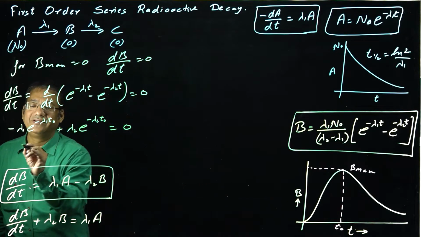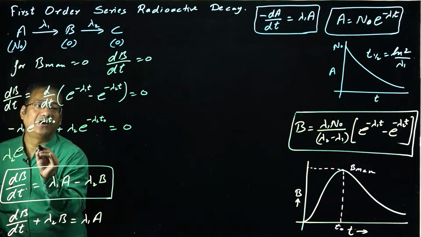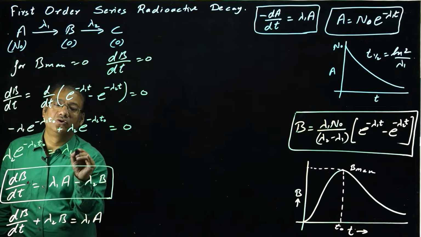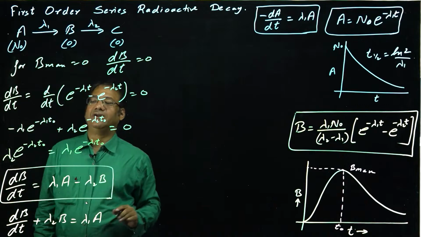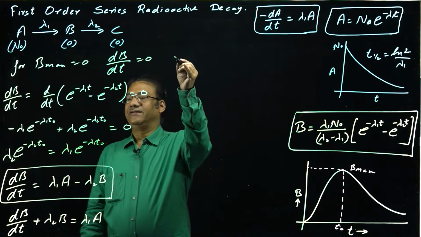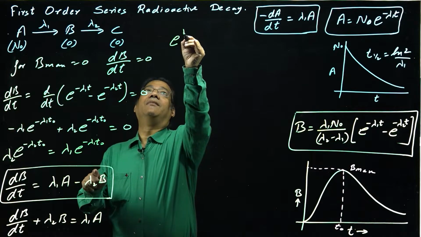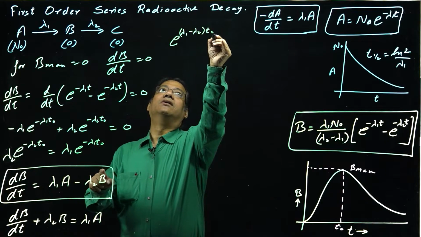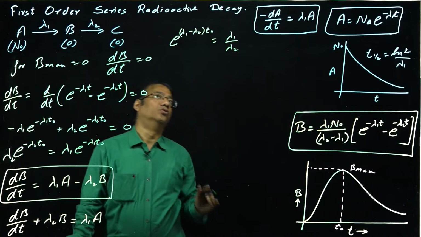In order to solve this, lambda 2 e to the power minus of lambda 2 t naught is equal to lambda 1 e to the power minus of lambda 1 t naught. Rearrange it, e to the power lambda 1 minus lambda 2 T naught is equal to lambda 1 upon lambda 2.